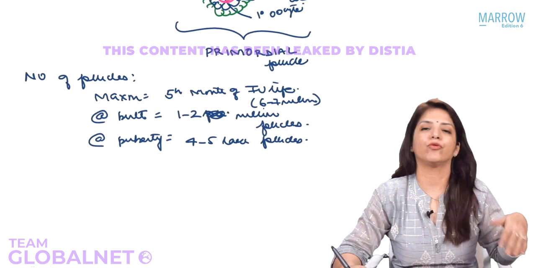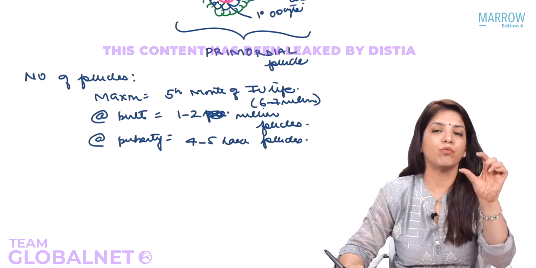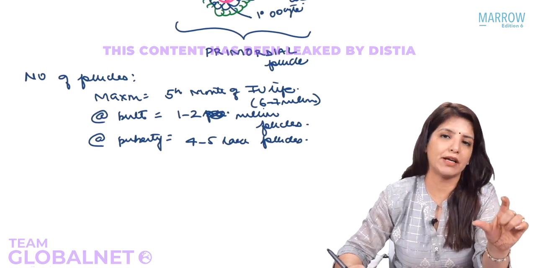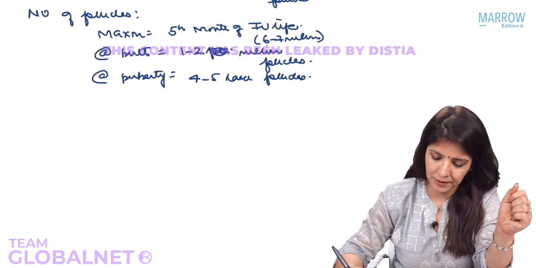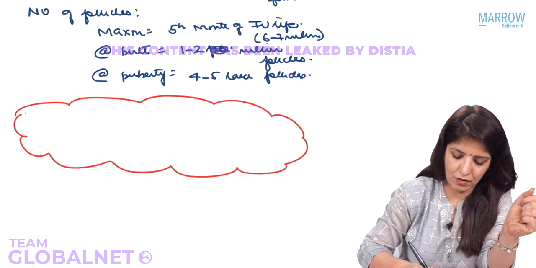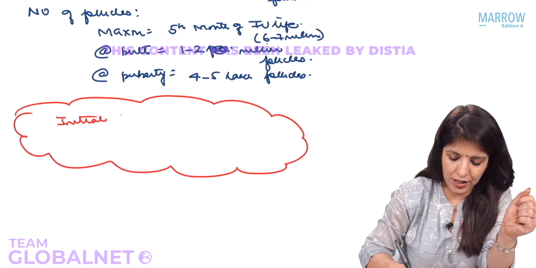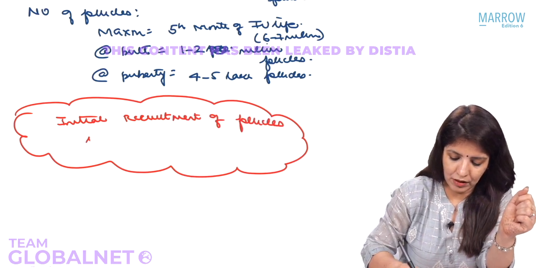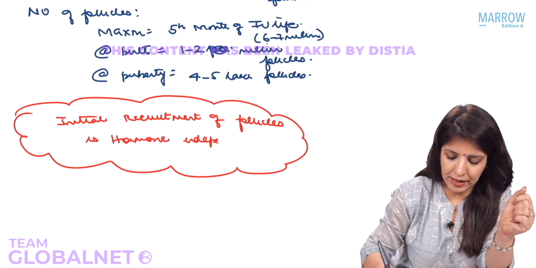They had asked, all of the following statements are correct except, and one of the statements was that the initial recruitment of follicles is hormone independent, and that's a right statement. So the initial recruitment of follicles is hormone independent.